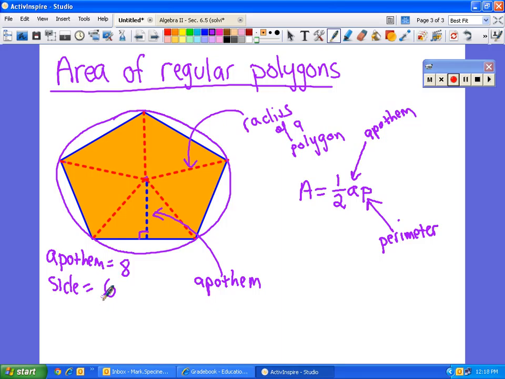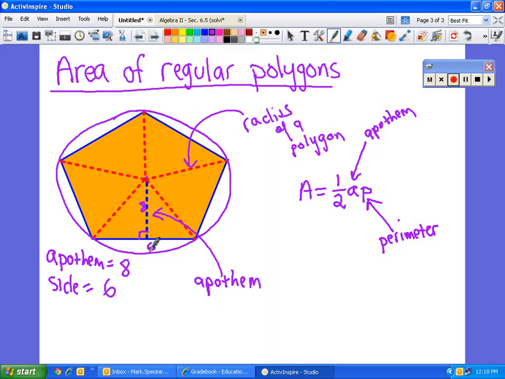So this is 8, and this whole side is 6. In order to use this formula, we need two pieces of information. We need the length of the apothem, and we need to know the perimeter. Well, the problem tells us the length of the apothem is 8, but it doesn't tell us the perimeter. So we have to figure out the perimeter.